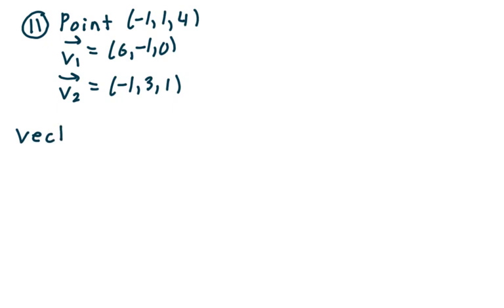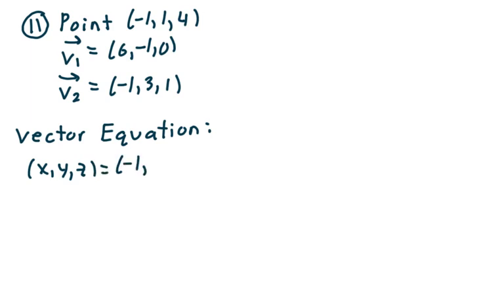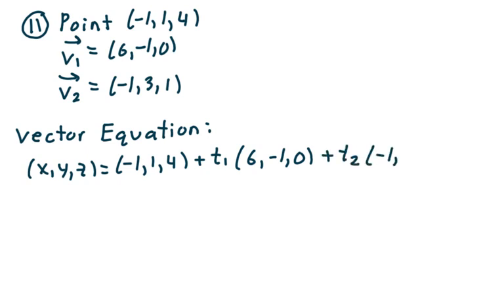So let's look at the vector equation. I'm going to take (x, y, z) equal to the position vector of the point, which is (-1, 1, 4), plus t sub 1 times (6, -1, 0), plus t sub 2 times (-1, 3, 1).